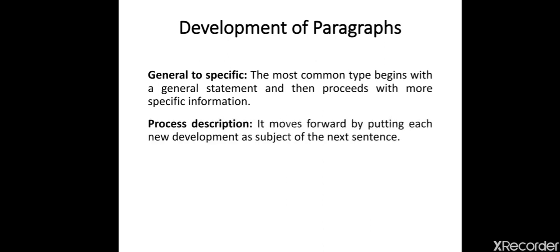Next to the topic sentence, the development of a paragraph can be from general to specific. The most common type begins with a general statement, which is nothing but a topic sentence, and then the remaining part will be the supporting points adding specific information.